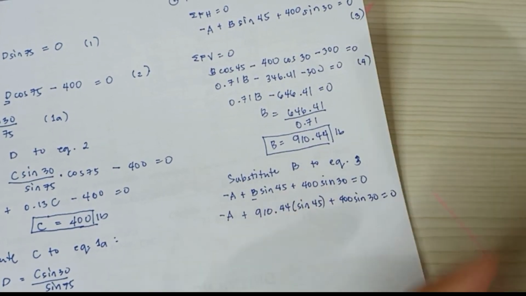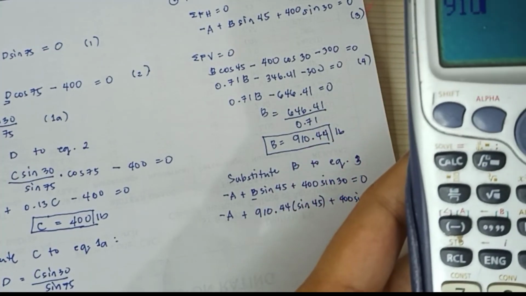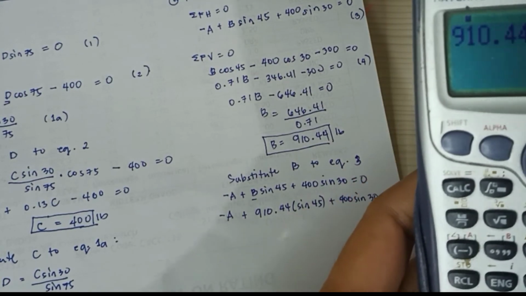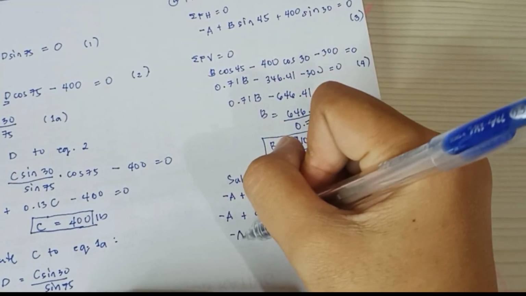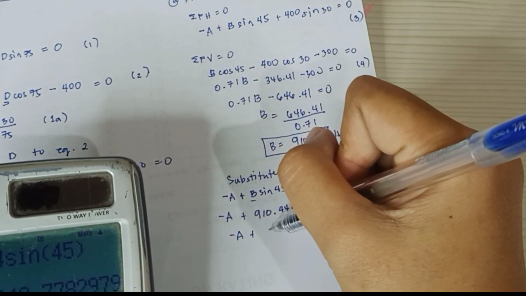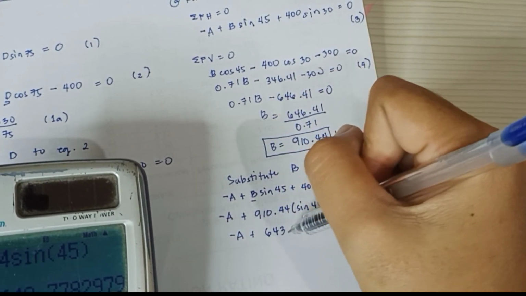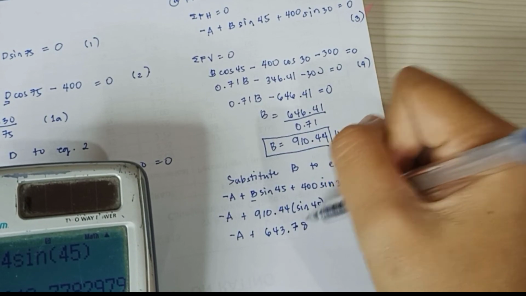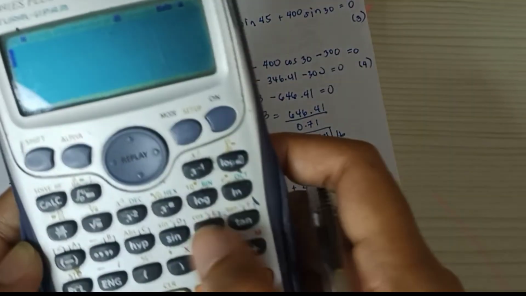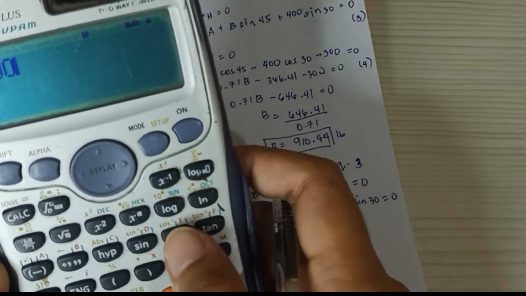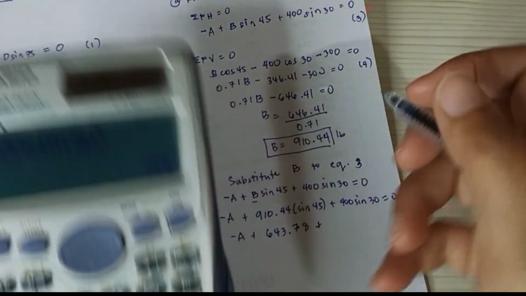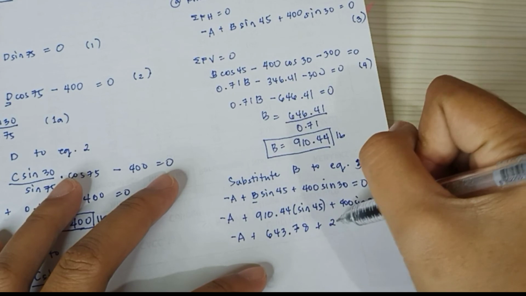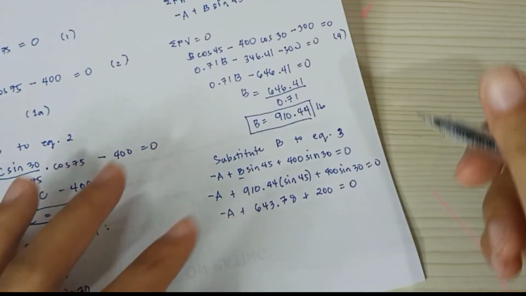So, let us simplify and convert into decimal itong mga angle. So, negative A plus 643.78 plus 400 sine 30, 200, is equal to 0.